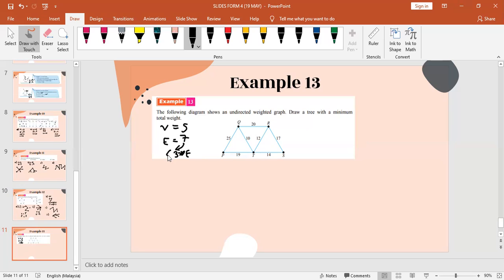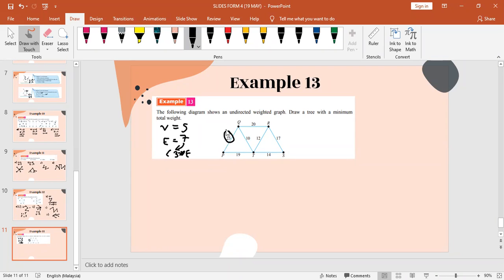Okay. So 3 edges yang kita nak reduce tu, kita pilih edges dengan berat yang paling banyak. Mana 3 edges with the highest total weight? Tahu kan weight tu dekat mana? Weight tu yang dekat sini. Ni weight.